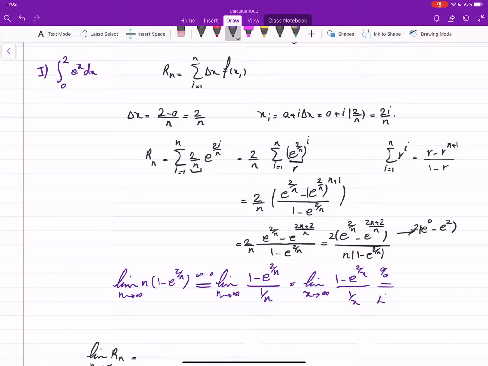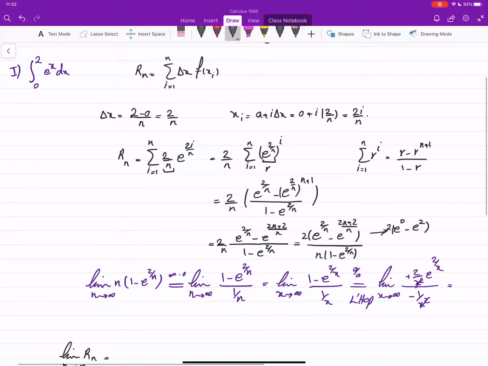We can use L'Hopital's rule, and this will give us the limit of negative 1 over x squared, plus 2 over x squared times e to the power 2 over x. This cancels with that, and as n goes to infinity, x goes to infinity. This gives us 1 minus 3, negative 2.